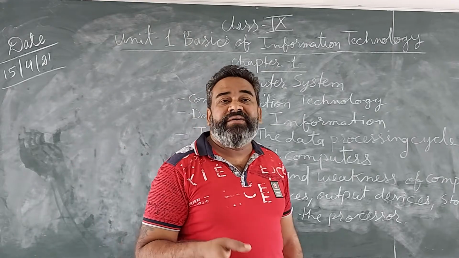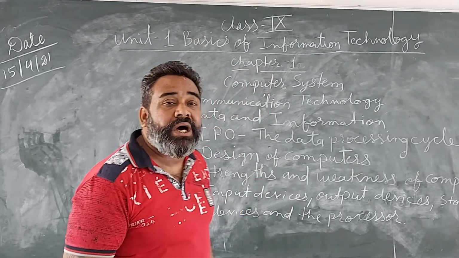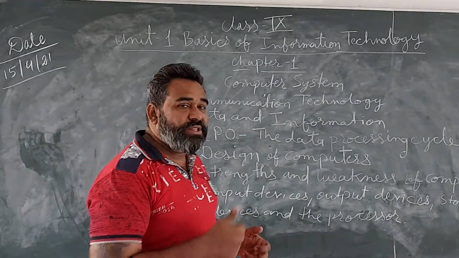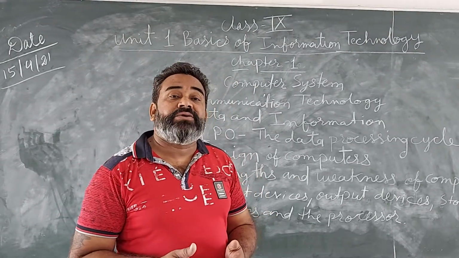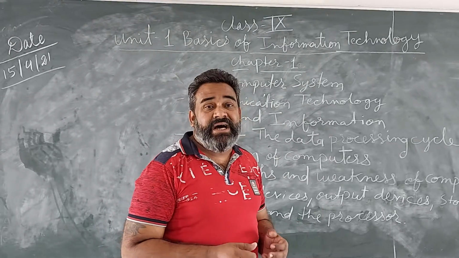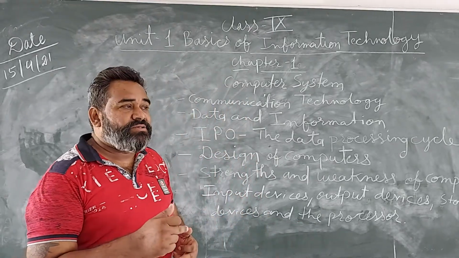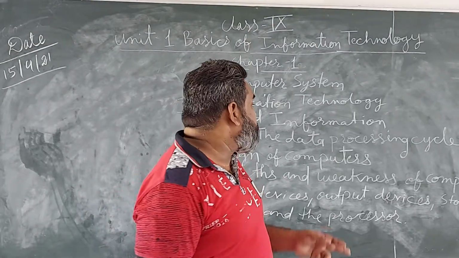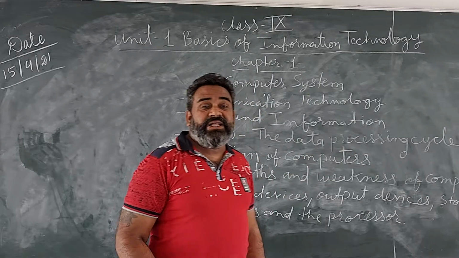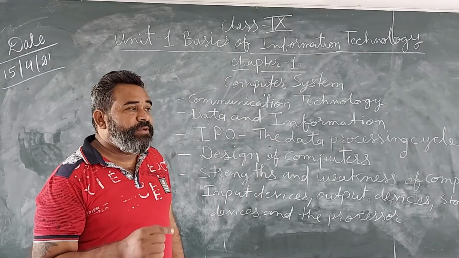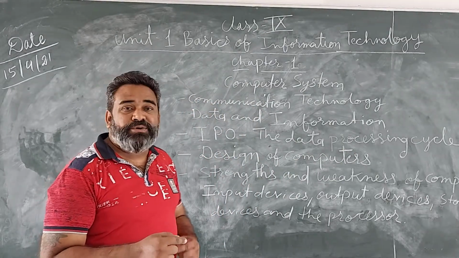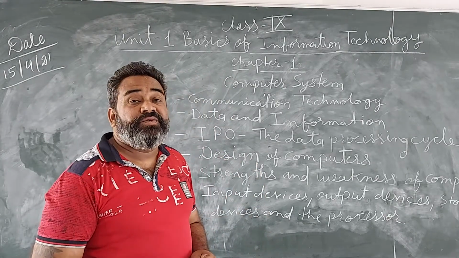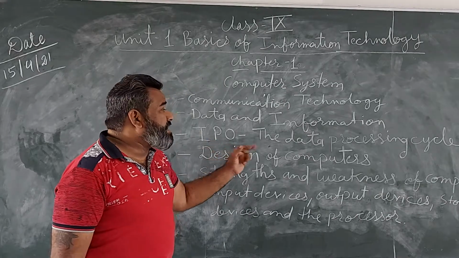We send our data through the input devices into the CPU for processing. It carries out the processes according to what we want to do with our data, summarizes it and gives us a meaningful output. So input, process and output come together to give us the desired result through the IPO data processing cycle.